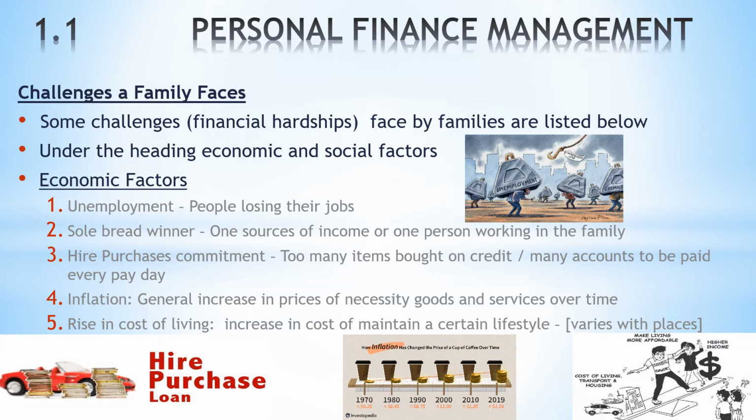This varies between places, but the main meaning there is some people can afford a certain lifestyle, and due to the rising cost or increase in prices of everything, before they were able to afford a very good living standard, but since the prices have gone up and income does not rise as fast as the prices, they feel they have become poorer and unable to afford those things that they were normally able to afford before. So that is what we mean by the rising cost of living.